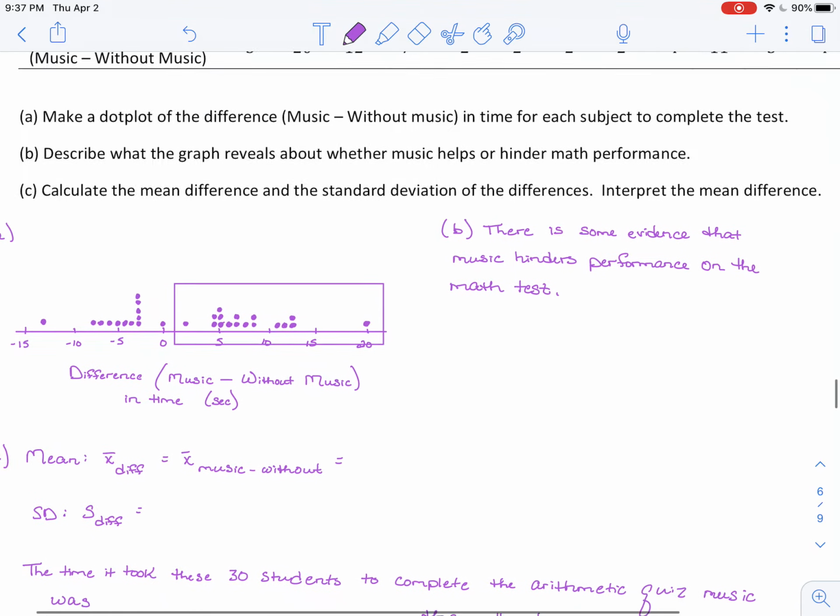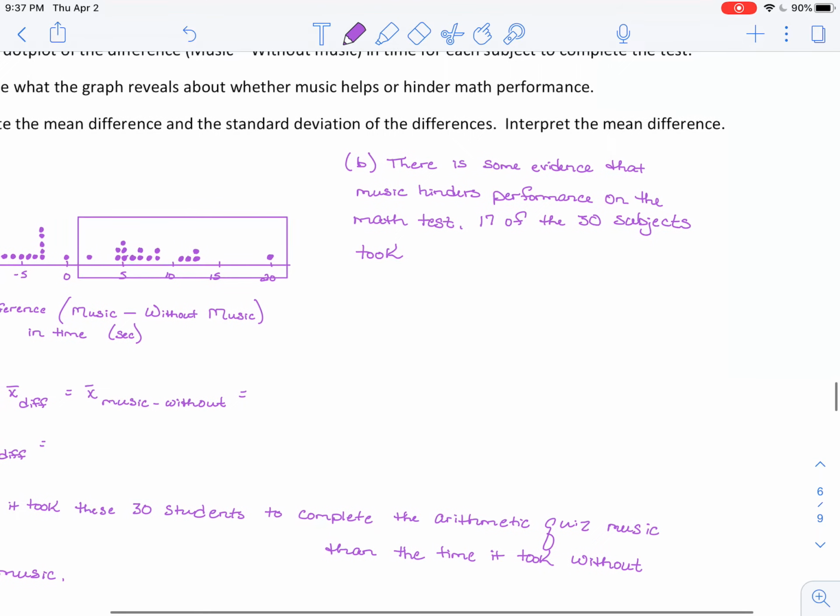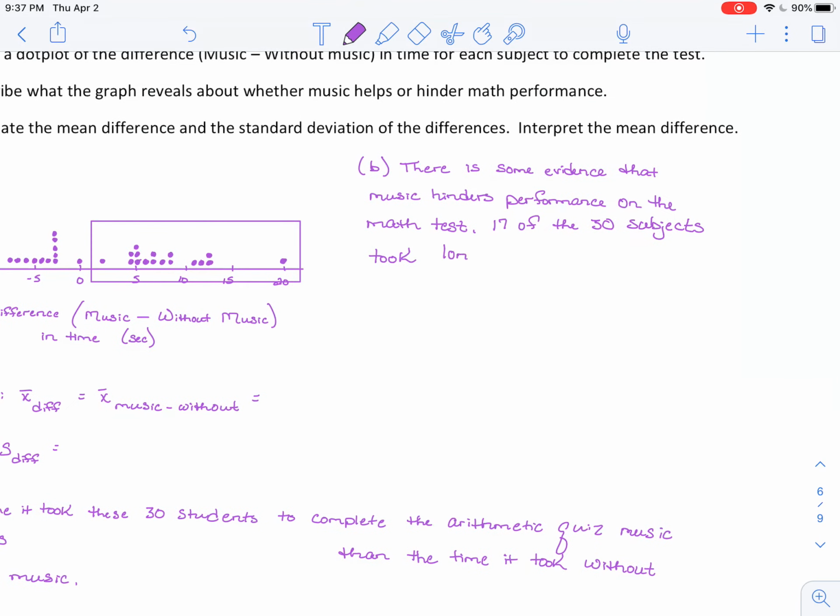So if I just count the number of differences that are positive, I find that 17 of the 30 subjects took longer when they're listening to music. So a little over half.